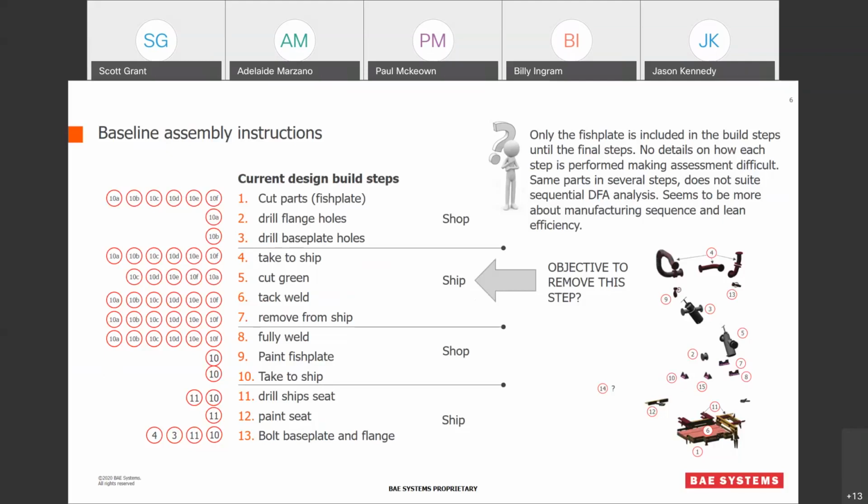So from that, our drawings have changed a wee bit in terms of sending the parts loose to the ship in certain circumstances, depending on the size of the fish plates and what pipes they're going on, etc.